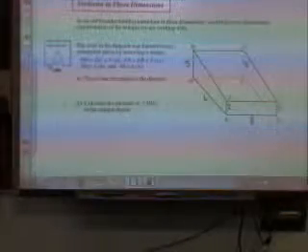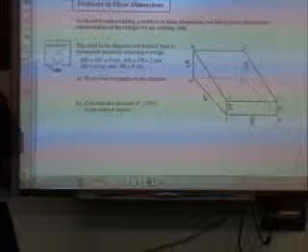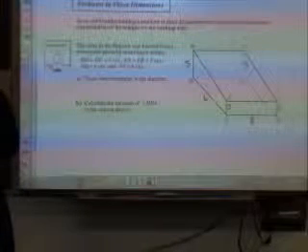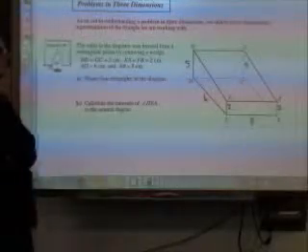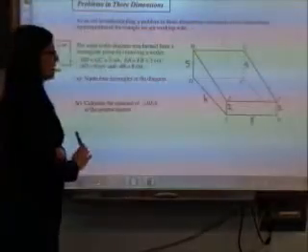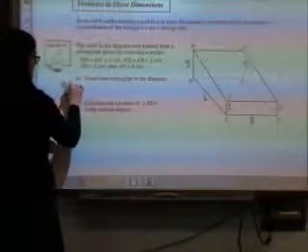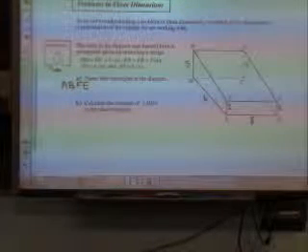Give me a rectangle in this shape. Use the letters to tell me what a rectangle would be. So I'll give you one. A, B, F, E would be a rectangle. Give me another one.